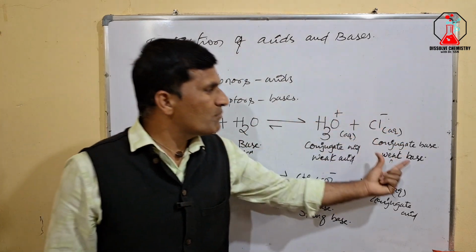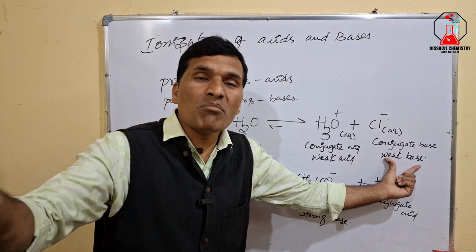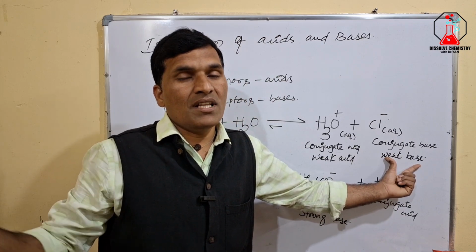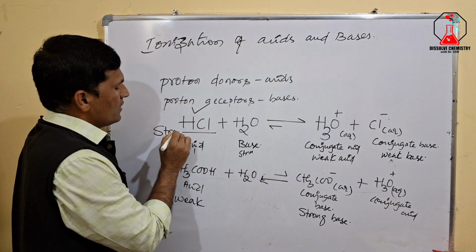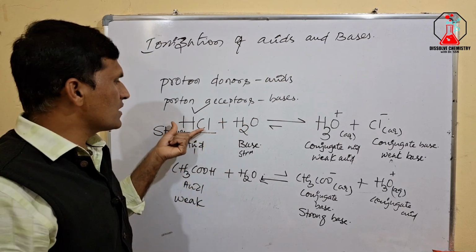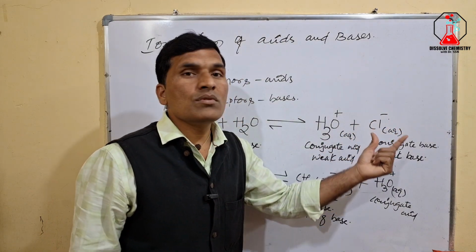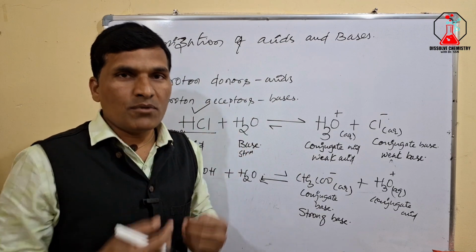If the conjugate base is weak, it has no tendency to take back the proton and form the acid, so your acid will be said to be strong. This is how we explain things based on the capacity of the acid to donate the proton and the base to accept the proton.